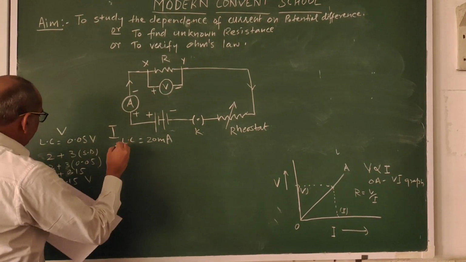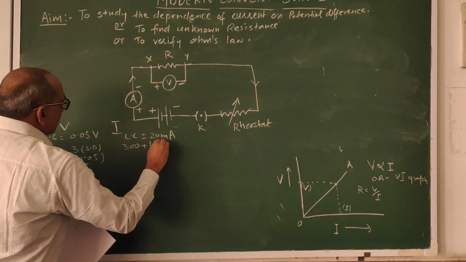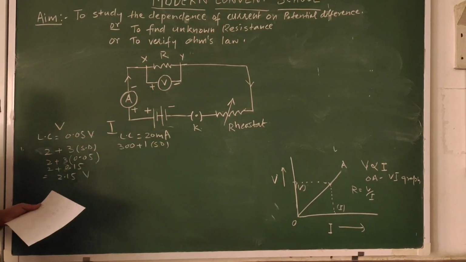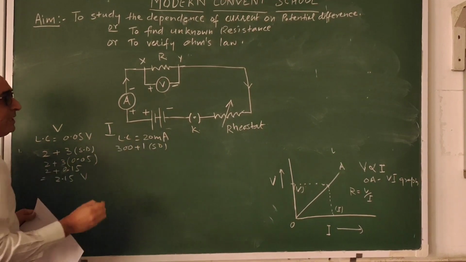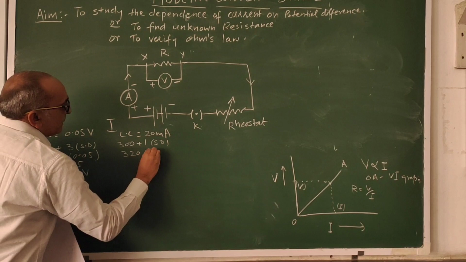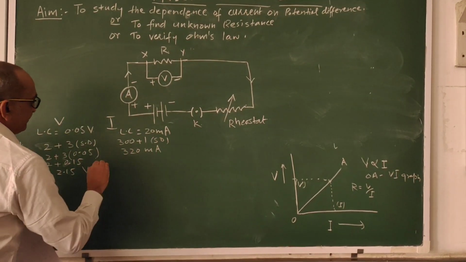For this ammeter it was 300 plus 1 small division, and 1 small division is equal to 20 milliamperes. So it is 320 milliamperes. So this is our first reading.